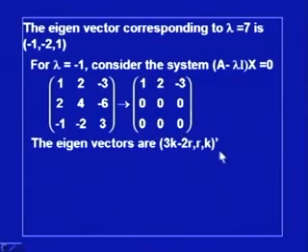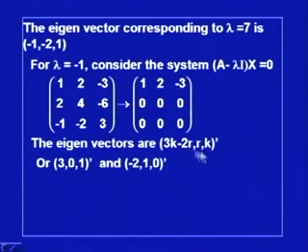We can assign x, y and z arbitrary values, r and k: if we substitute y equal to r and z equal to k in this equation, then 3k minus 2r, r, k will satisfy this multiplied by x equal to 0. So, the eigenvector corresponding to lambda equal to minus 1 will be given by this, and now we can assign independent values to r and k.